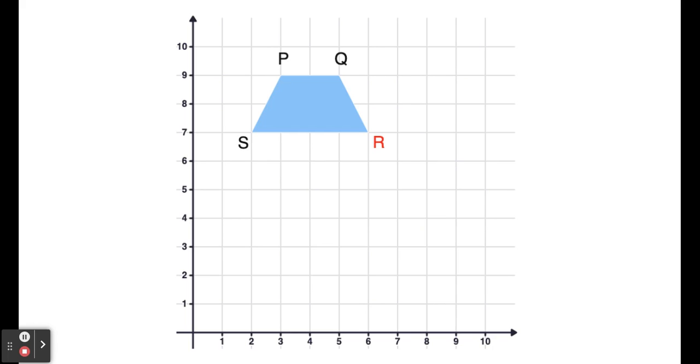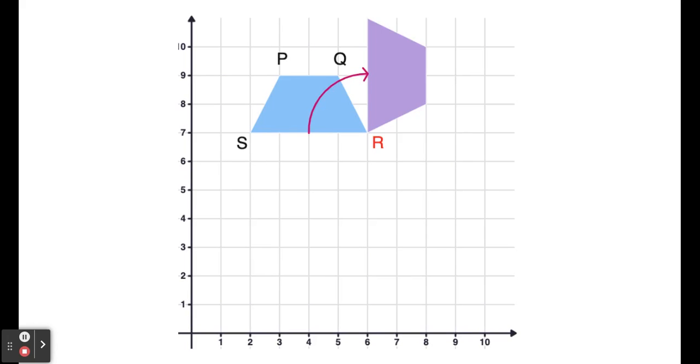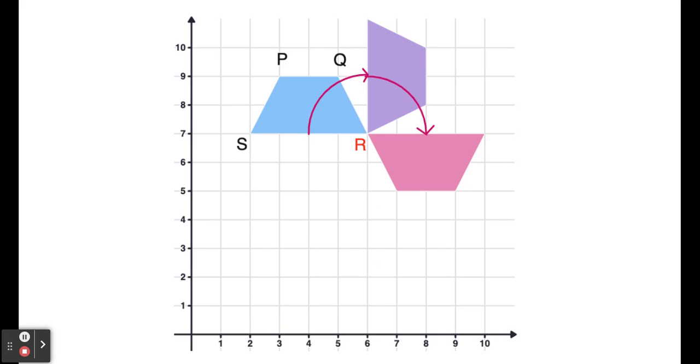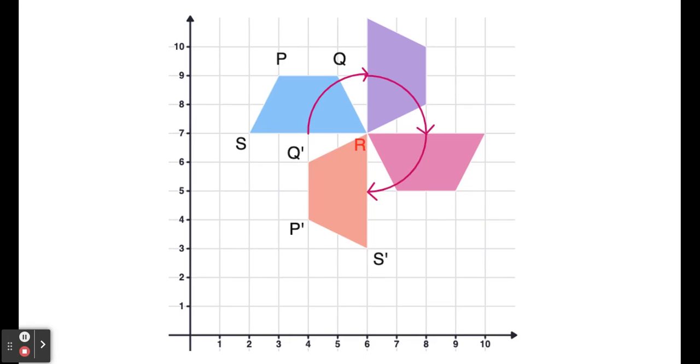After a rotation, a shape and its image may face different ways. So here is our trapezoid PQRS again. And after a 1/4 turn, the shape is facing in a different direction. After a half turn, it's facing in still another direction.